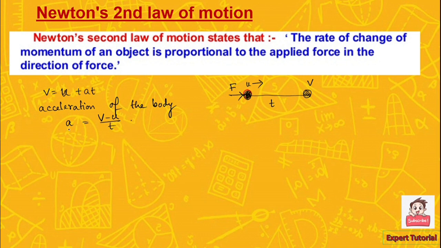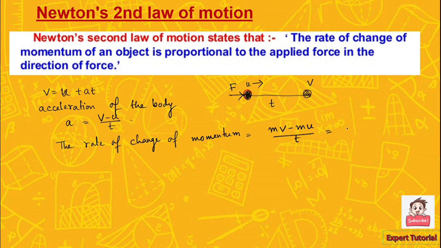Now according to Newton's second law, the rate of change of momentum equals mv minus mu by t.